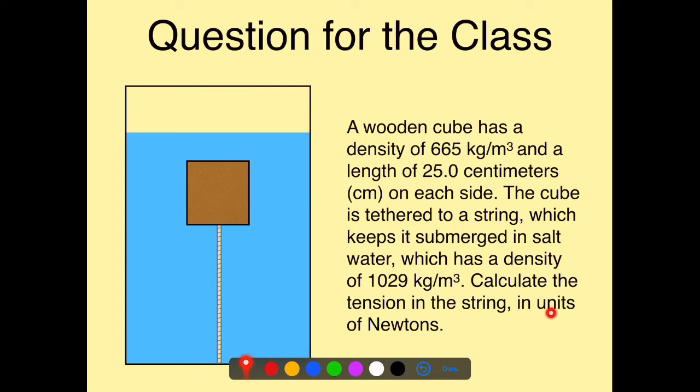Calculate the tension in the string in units of newtons. So here's the idea. This wooden cube is less dense than the water, so it wants to float up to the surface, but the string is keeping it in place, preventing it from doing that. So we have some tension there. Your job is to find that tension. So pause the video, see if you can get this, and then we'll work it out together.